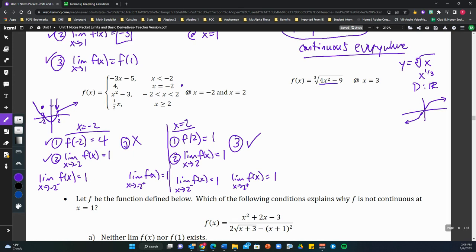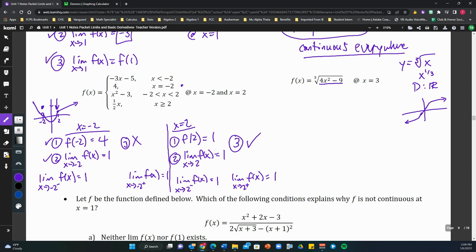Then we would have to analyze the inside, 4x squared minus 9. That is a quadratic function, which also has a domain of all reals. So when we take a composition, where we take one function and put it inside of the other, which is what we're doing in this case, we're taking the quadratic 4x squared minus 9 and substituting it inside of the cube root function.